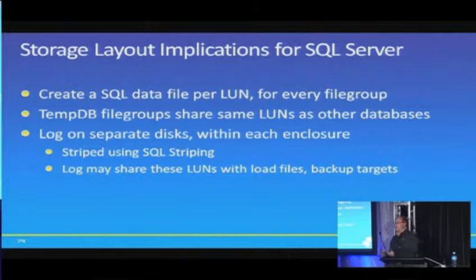TempDB file groups are going to be different from the common practices we suggest. Typically, we suggest in OLTP the TempDB to be in its own LAN separate from the others. Here, we found best performance when the TempDB and the data are on the same LAN, spread out across the same structures.